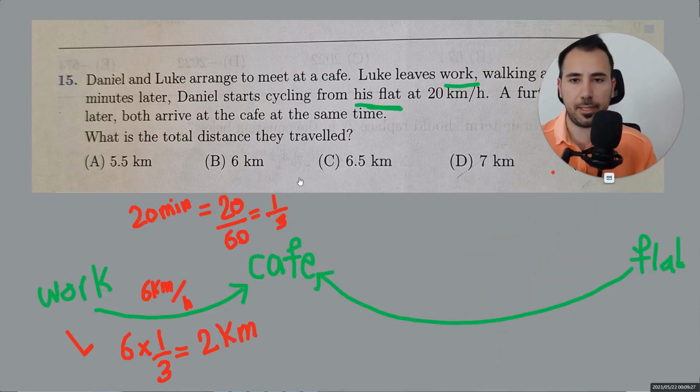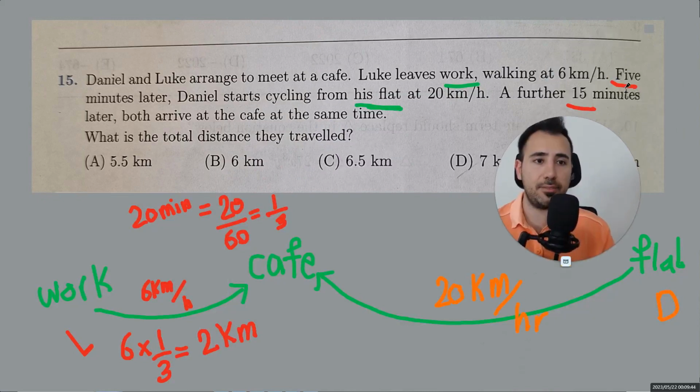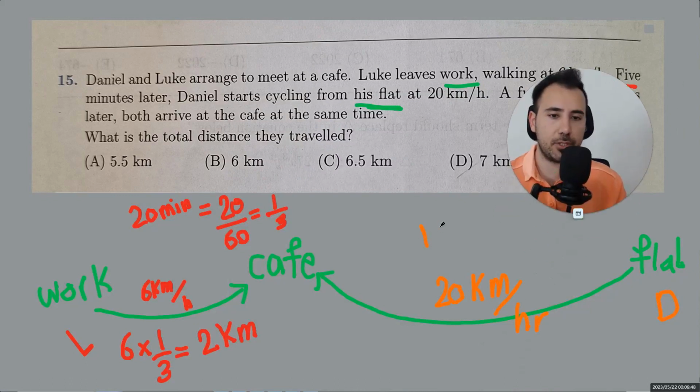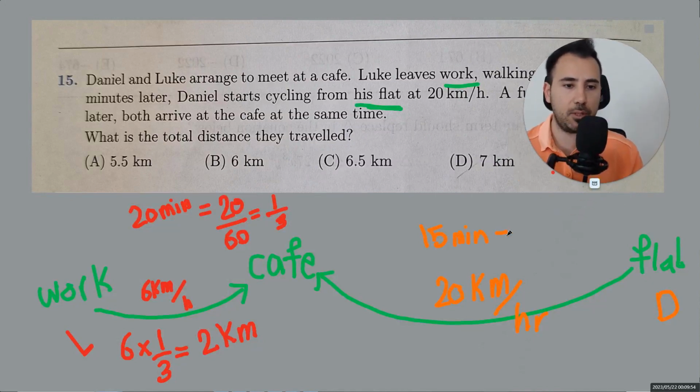How about Daniel? Daniel goes with the speed of 20. He's on a bike, of course, faster. An hour. But he started 5 minutes late, so only 15 minutes. 15 minutes is how many hours? Not even 1 hour. 1/4 of an hour.